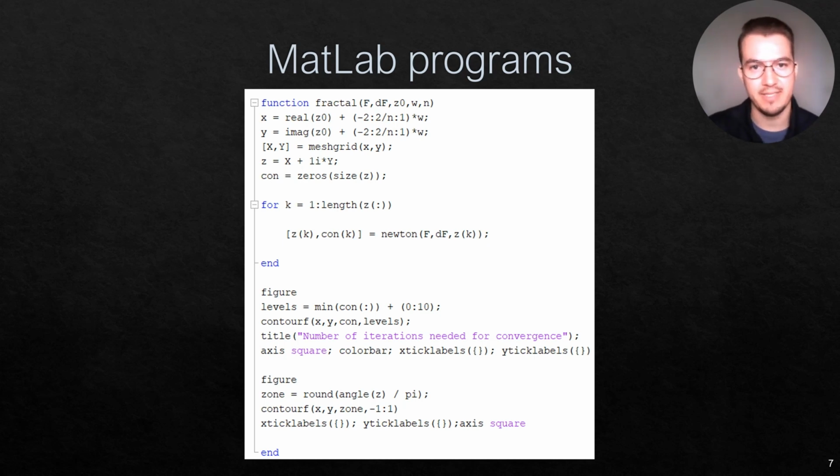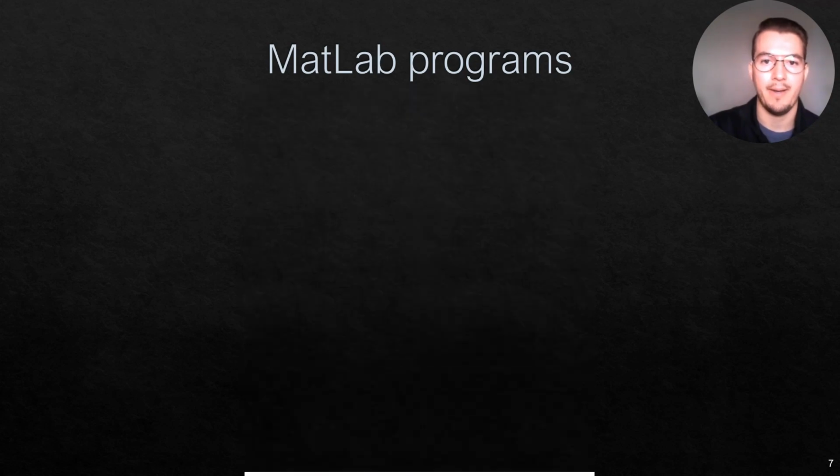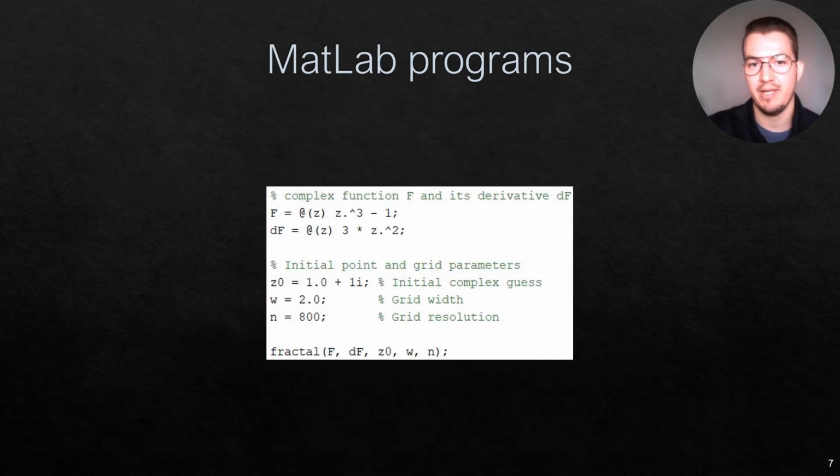So this creates a grid of complex numbers, applies the Newton-Raphson method to each grid point, and visualizes the result. And last but not least, I show you the set of inputs that I used to generate the shown fractals.